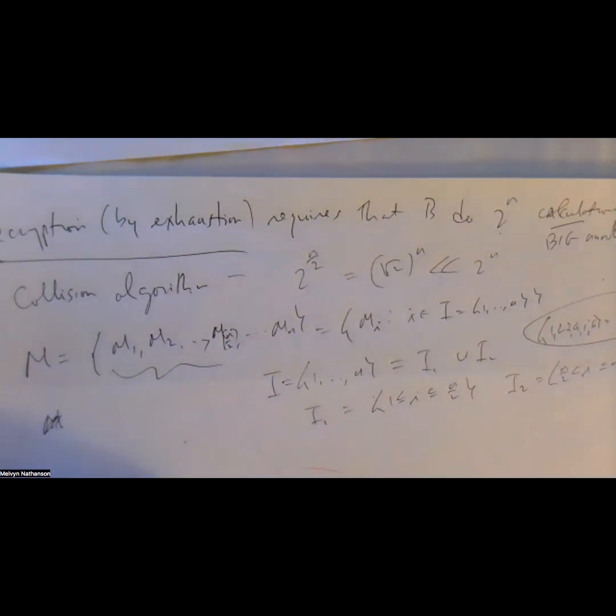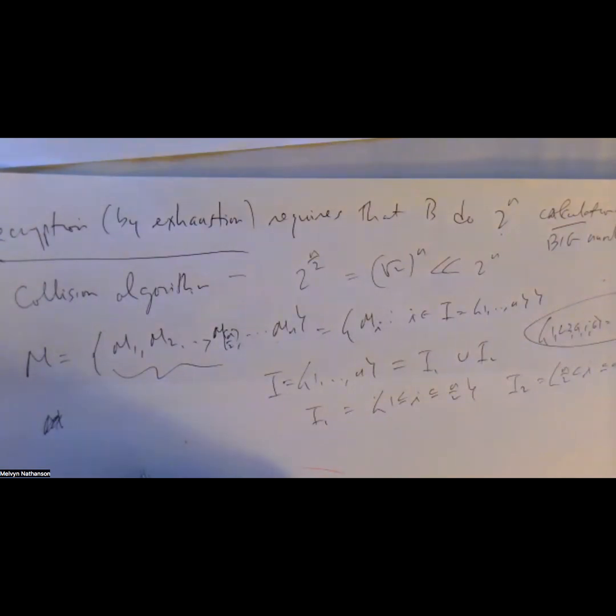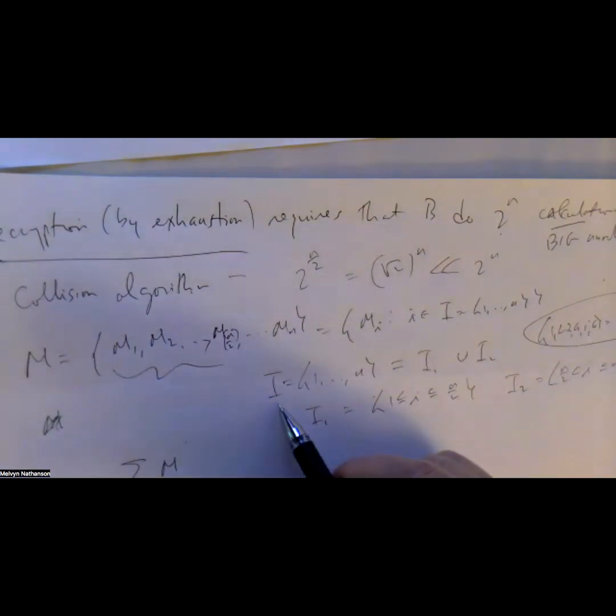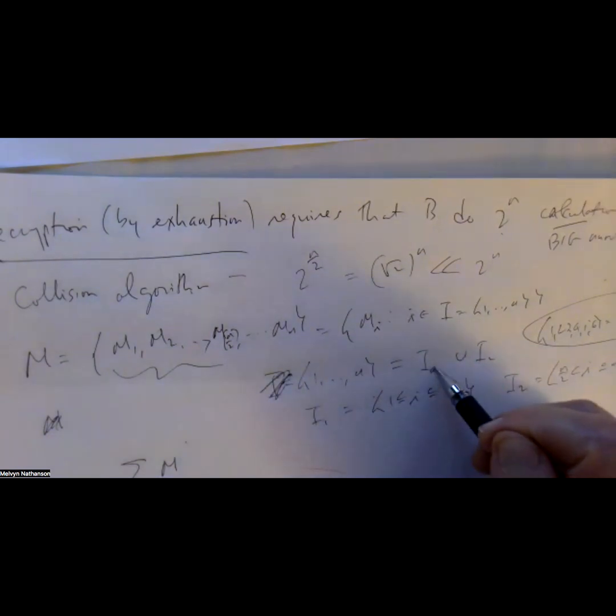And let A sub I be the set of all subset sums where I want to use the same notation as the book. The set from 1 to n, I'm dividing into 2 sets.